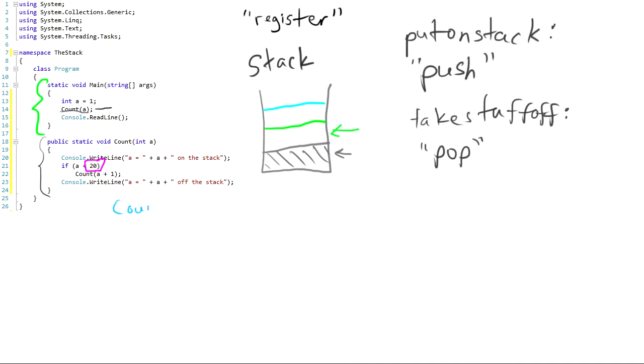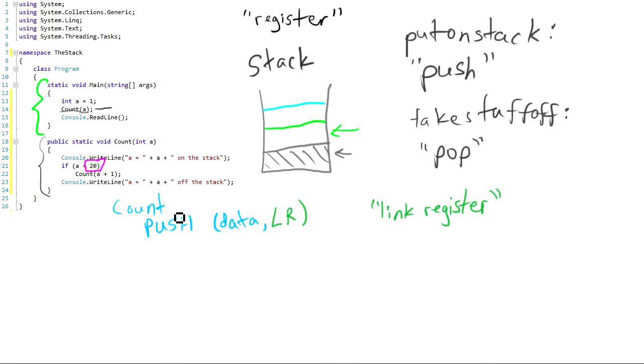Well, you have the label for the method, and then the very first thing it does is push any important data, but it also pushes something called the link register, and I'm going to abbreviate it LR from here on out.